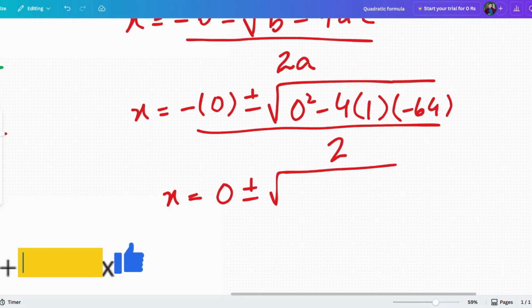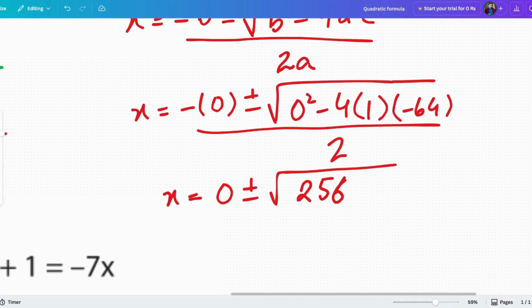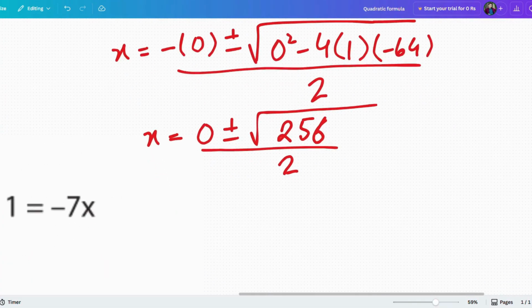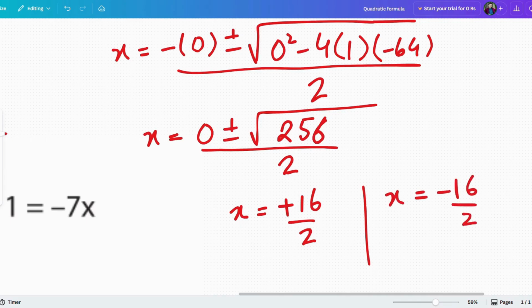So 64 times 4 is equivalent to 256, all of it divided by 2. Now if I take the radical, I will get positive 16 over 2, and one time x equals negative 16 over 2, right?